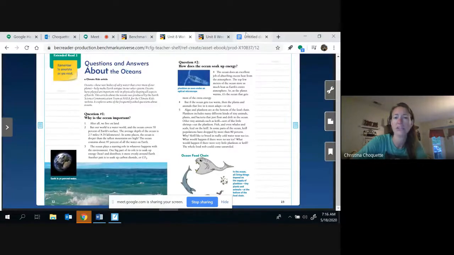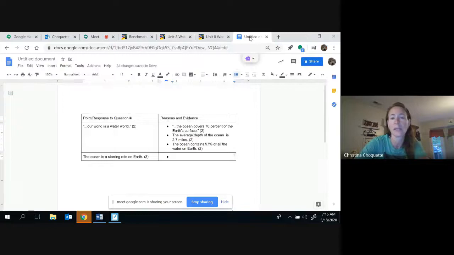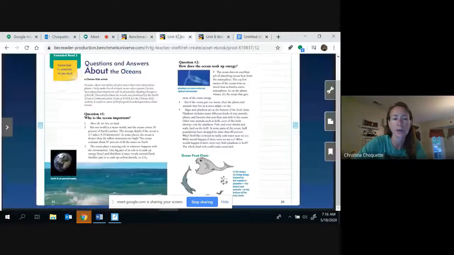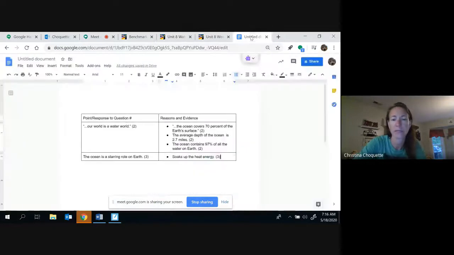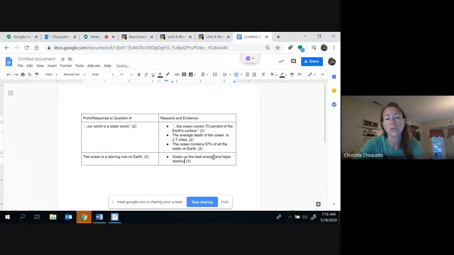So it soaks up the heat energy, and I do believe it explains that in other questions as well. And it helps distribute it more evenly.